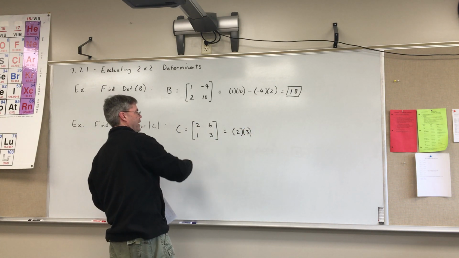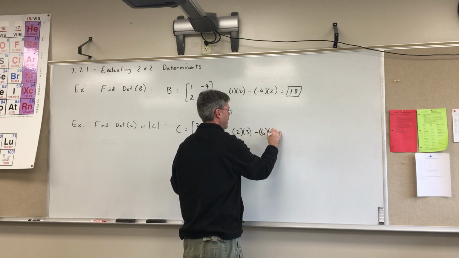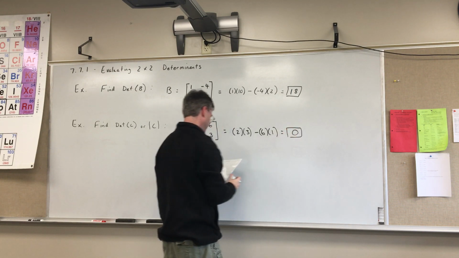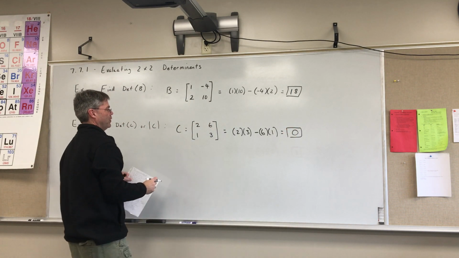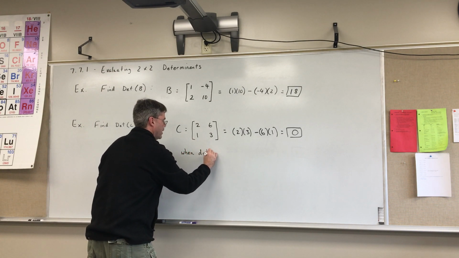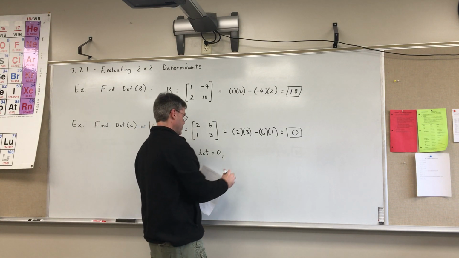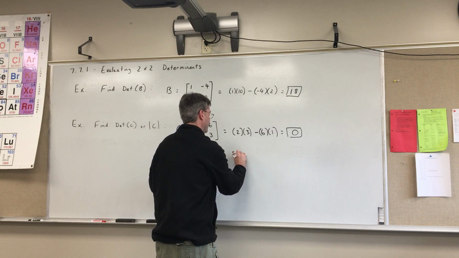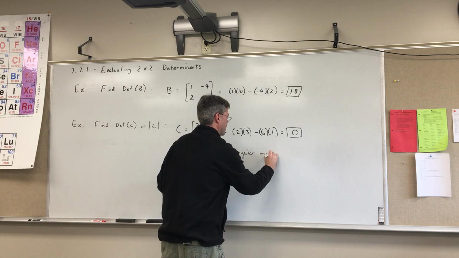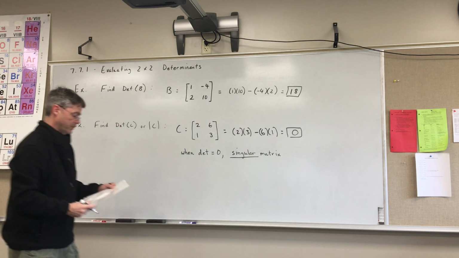Minus, we're going right to left, minus 6 times 1. So that's going to be 0. And that's a special matrix when the determinant is equal to 0. We call this a singular matrix.